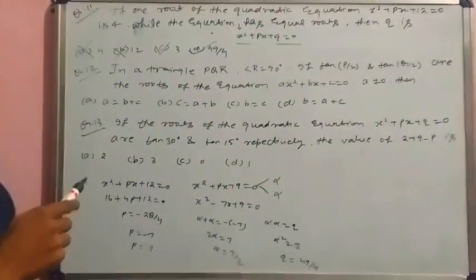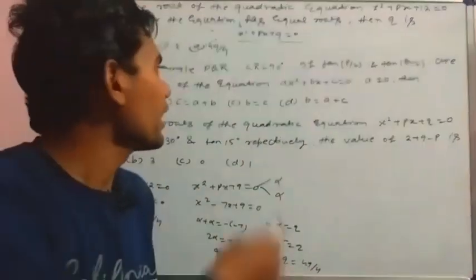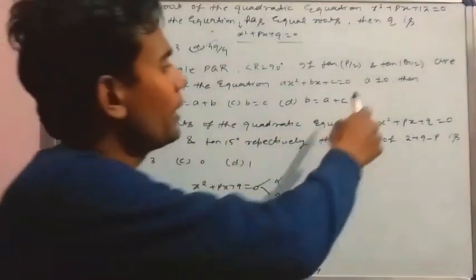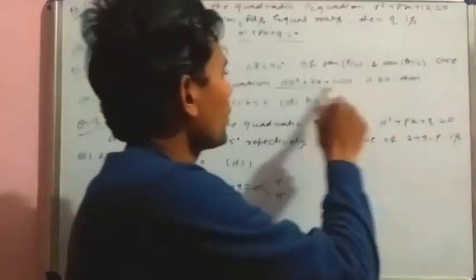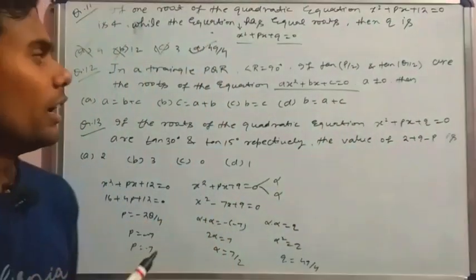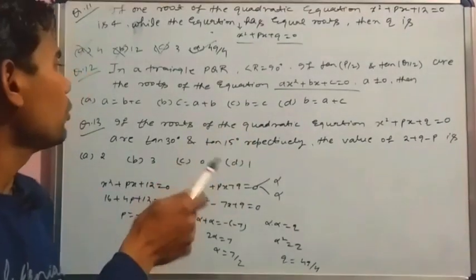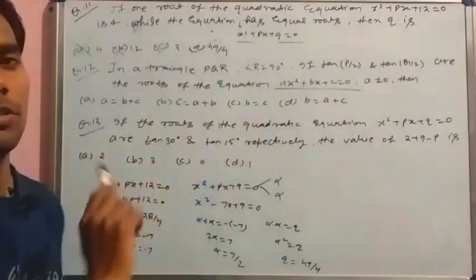Next, in a triangle PQR, the angle R is 90 degrees, and tan P by 2 and tan Q by 2 are the roots of the equation x square plus bx plus c. Tan P by 2 and tan Q by 2 are the roots of this quadratic equation.